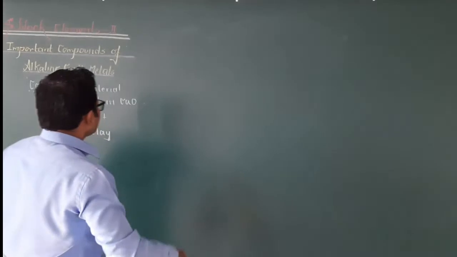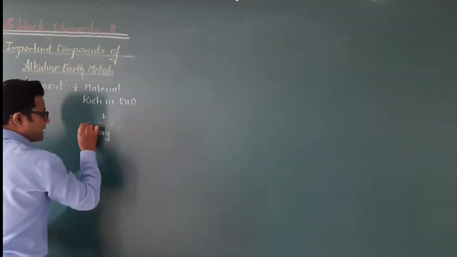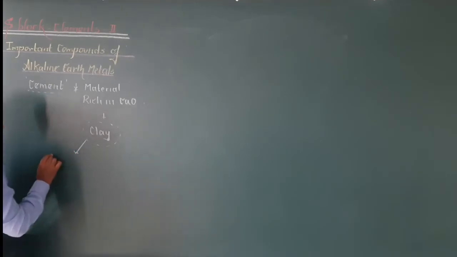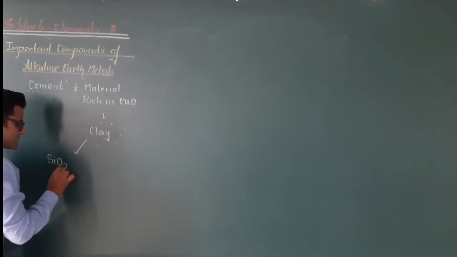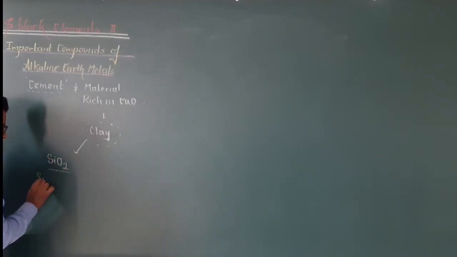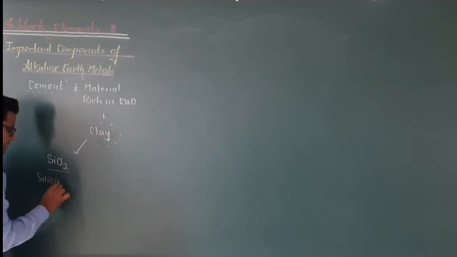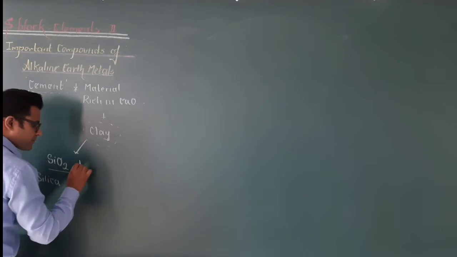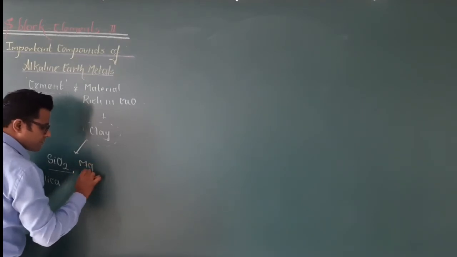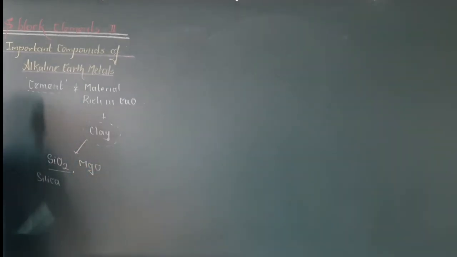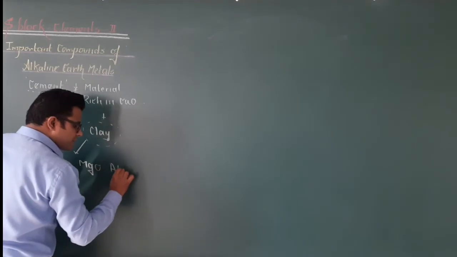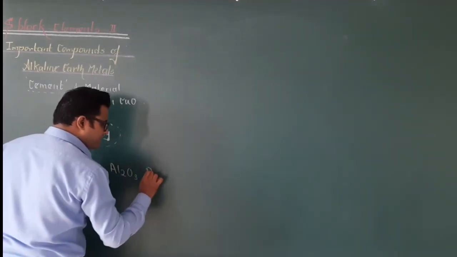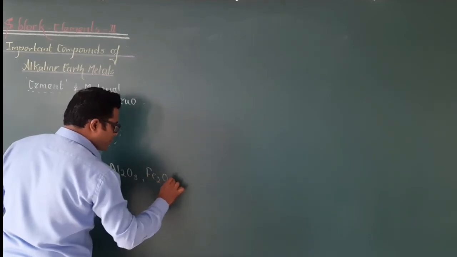Now, in this clay we get first SiO2, which is nothing more than silica. Along with silica, we get magnesium oxide, Al2O3 aluminum oxide, and finally Fe2O3.